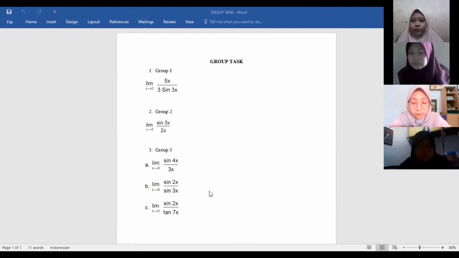Limit x to 0 sin 3x divided by 2x equals limit x to 0 sin 3x divided by 2x times 3x divided by 3x, becomes limit x to 0 sin 3x divided by 3x times 3x divided by 2x, becomes 1 times 3 divided by 2, equals 3 divided by 2.